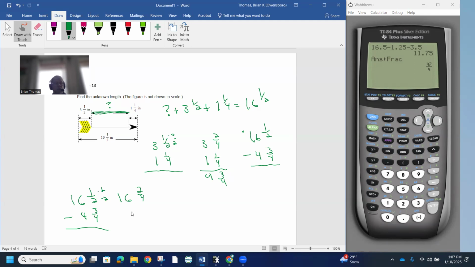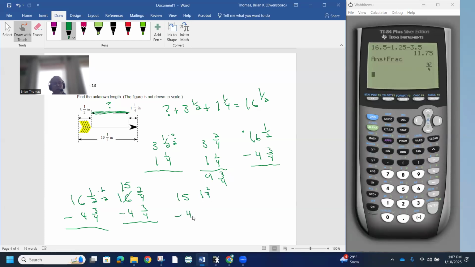So I have 16 and 2/4, and I've got to subtract 4 and 3/4. Notice that I cannot go 2/4 take away 3/4. So you actually have to borrow from the 16. If I borrow from the 16, this becomes a 15, and you have to add the 1 to the 2/4.